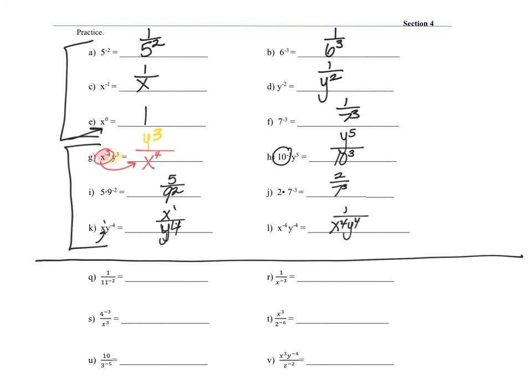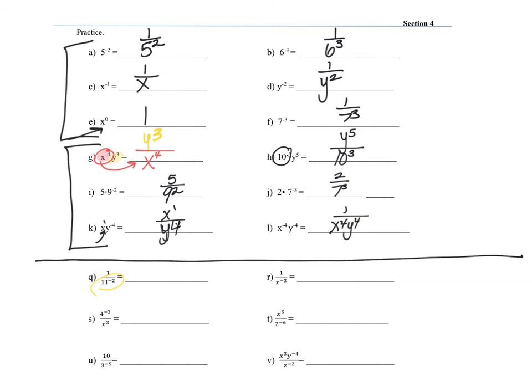Okay, so now let's talk about what happens if the exponent that's negative is already downstairs. So what do we do if it's already downstairs? Well, it still gets voted off the island. If it's downstairs, it's just now going to go upstairs. So here I have this negative exponent downstairs. You're not allowed to have a negative exponent.